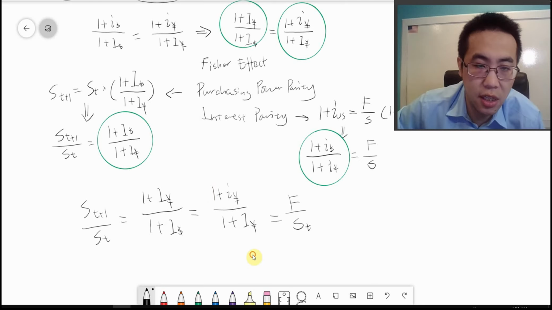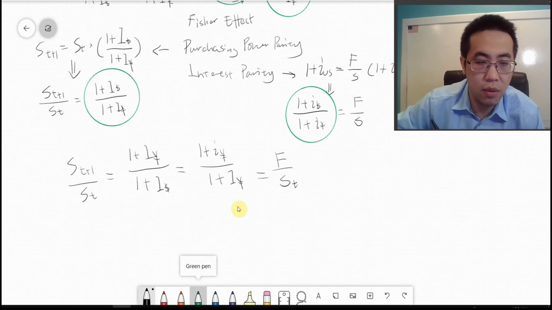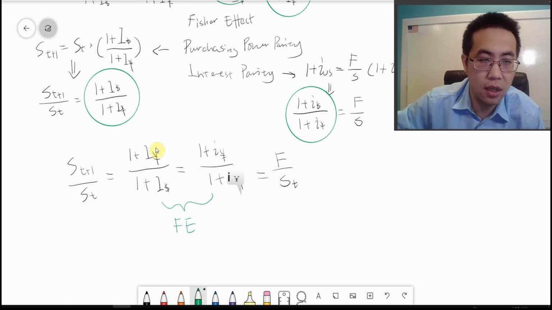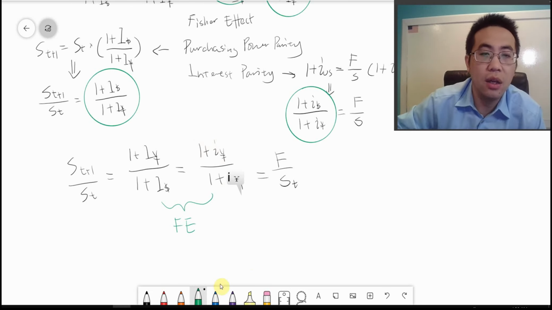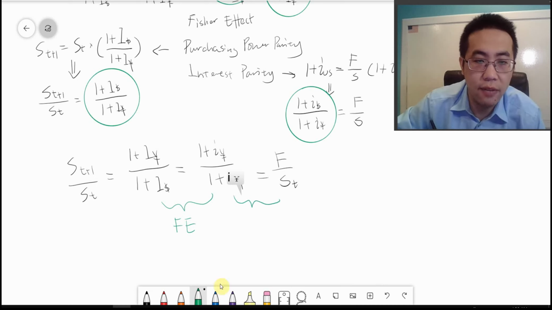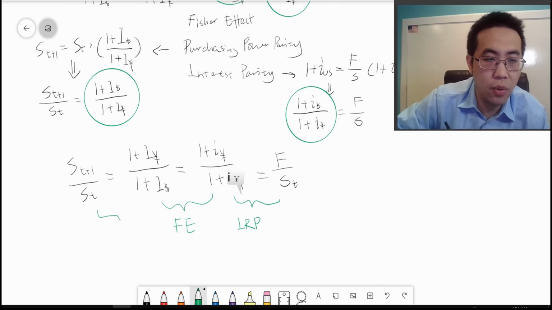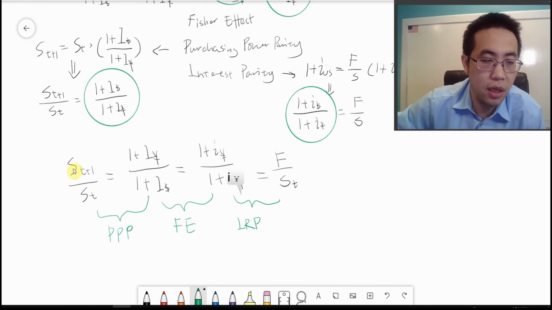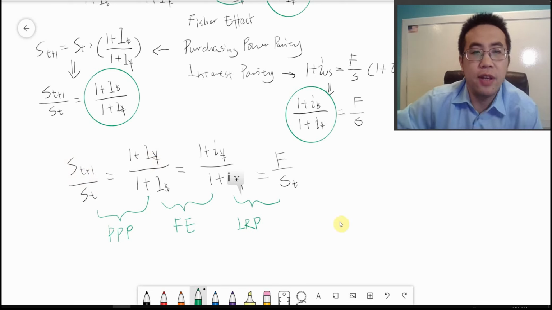In the middle we have the Fisher effect connecting these two, on the right we have the interest rate parity connecting these two parts, and on the left we have the purchasing power parity connecting the spot rate and the inflation.